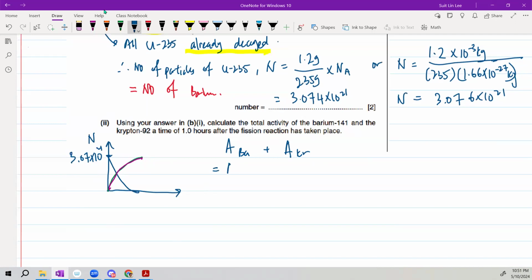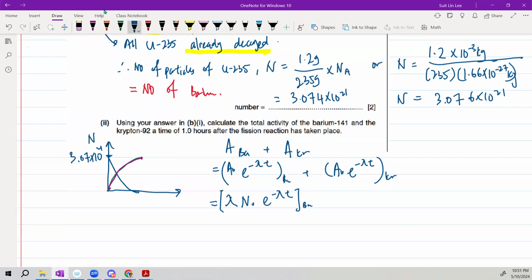This will be A0 e^(-λt) for barium plus A0 e^(-λt) for krypton. Guess what? A0 is λN0. So λN0 e^(-λt) for barium plus λN0 e^(-λt) for krypton.